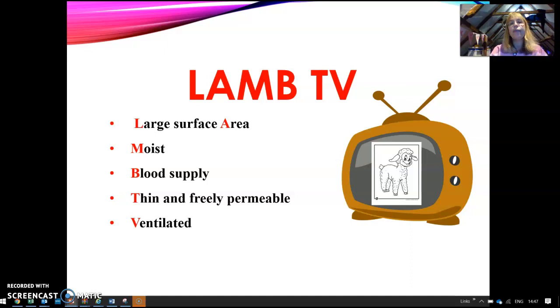It's thin and freely permeable, not only the alveoli, but of course the capillaries that the oxygen is diffusing into, or the carbon dioxide is diffusing out of. And also it's ventilated, so it's kind of driving this gas moving in and out. So if you remember this little acronym, I'm sure it will help you along. Okay, right, so let's go on to today's work.